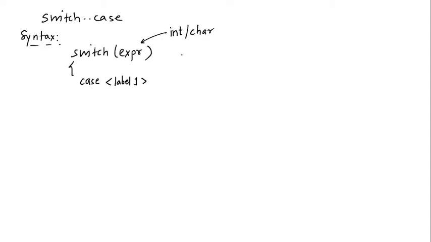If they are characters, then it could be A, B, C, D, anything, but in that case it has to be represented within single quotes. So case label 1 colon, you can have a number of statements. Then we can have case label 2. Again, we can have multiple statements, and that's how it goes ahead. So let me end the switch case here. That's how it looks.